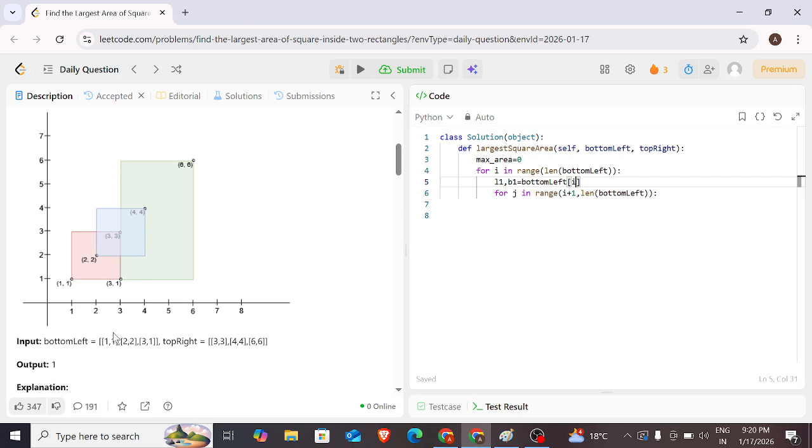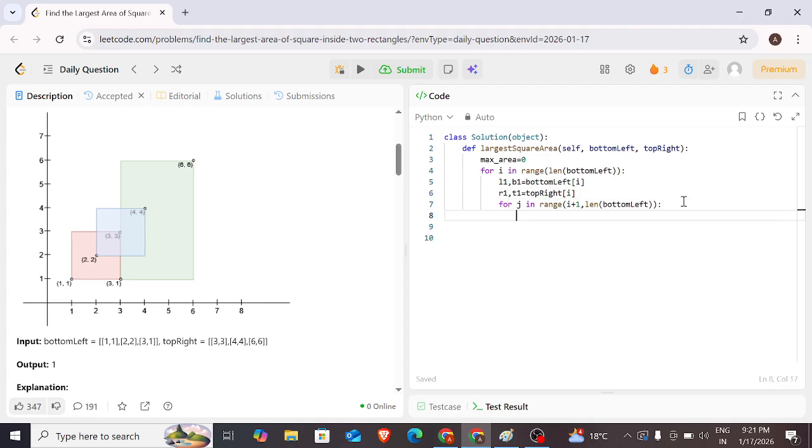You have been given bottom left, so bottom left of i is basically the first will represent the x coordinate, so the left coordinate, and the other one next to it will give me the bottom coordinate or the lower y coordinate, and then let's do right 1 comma top 1 equal to top right of i.